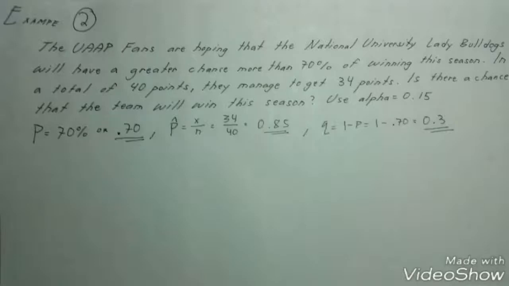That is our p hat. In order to get the q, we must subtract the principal value, which is 0.70, from 1. So in that case, 1 minus 0.70 is equal to 0.3. So 0.3 will represent as our q.